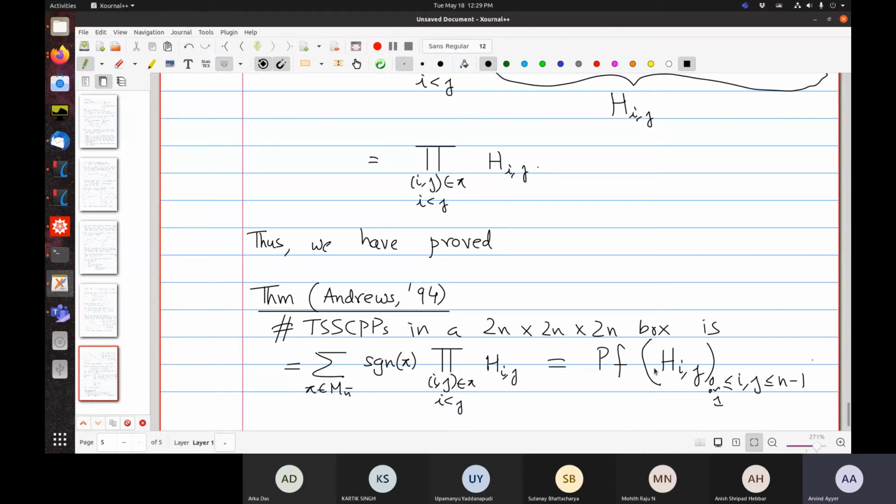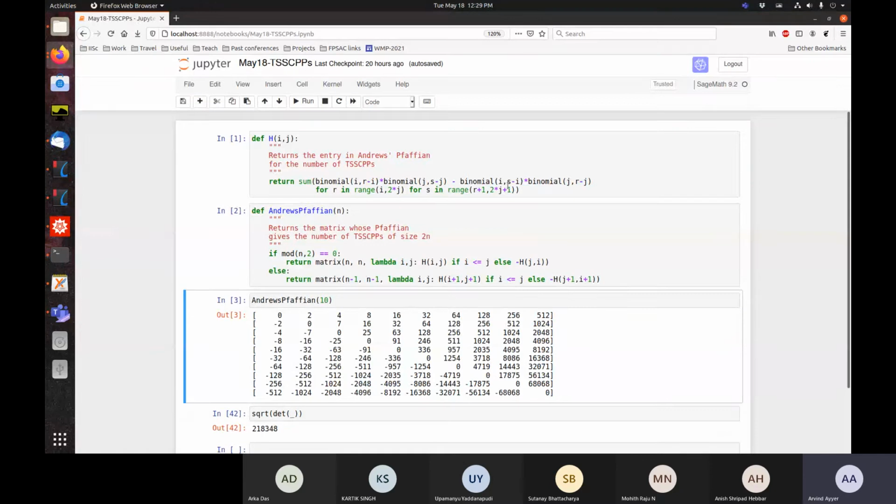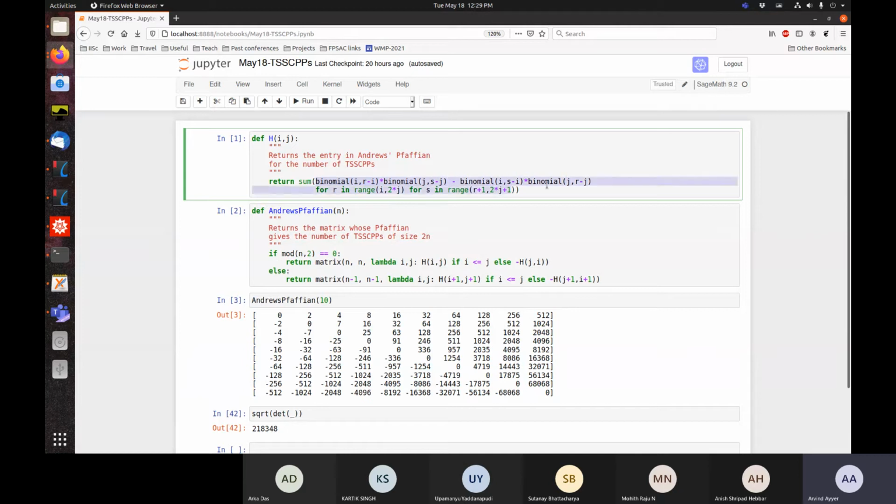So let me show you this on Sage. I wrote a program to compute these HIJs, which is just the sum of binomial I r minus I, j s minus j, minus the other way around. R and S are in the same range. I used exactly the same notation as in the notes.